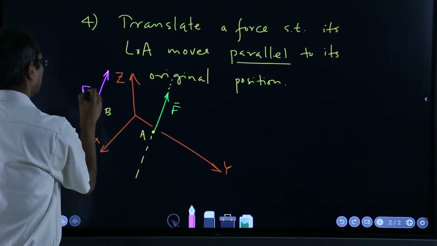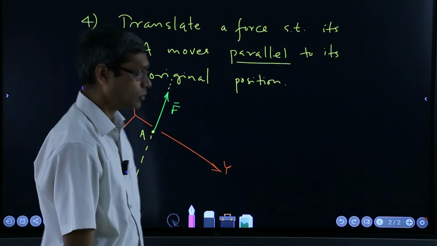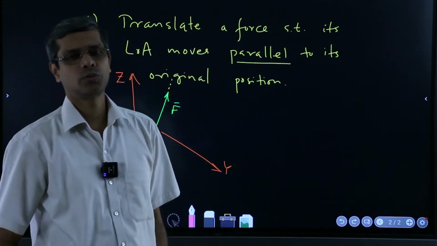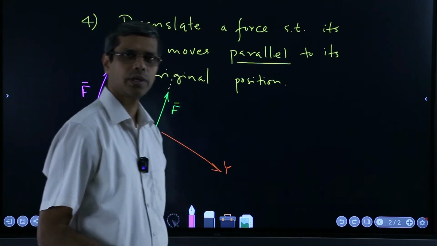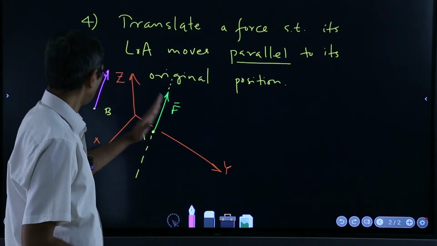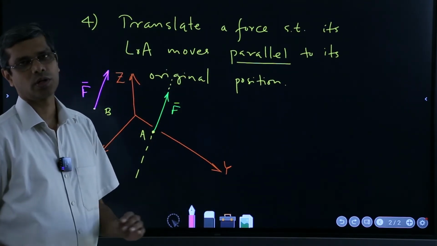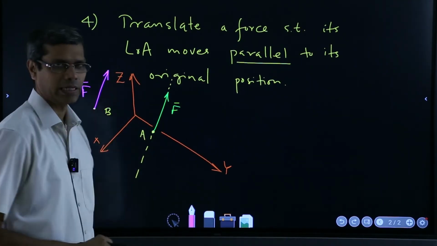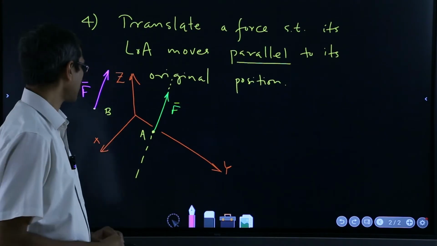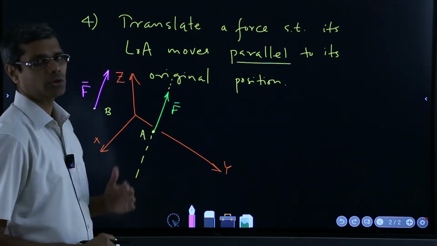Okay. Now what? But you want the system to remain unaffected. You also want to move F, but you want that the system should not know that you have actually moved it. Then what should you do?